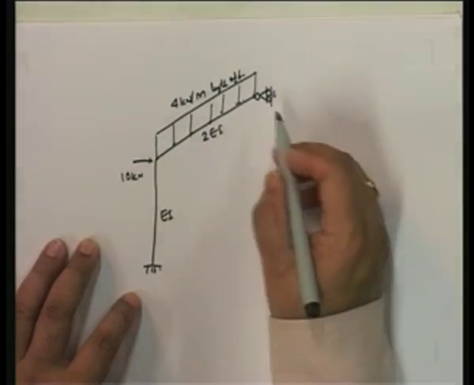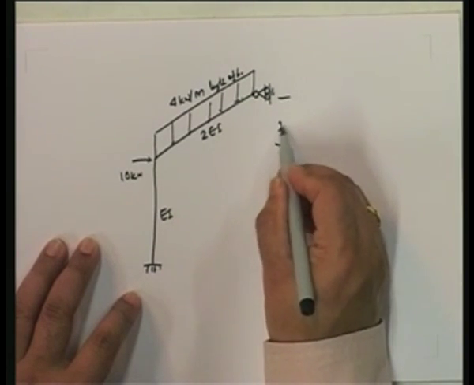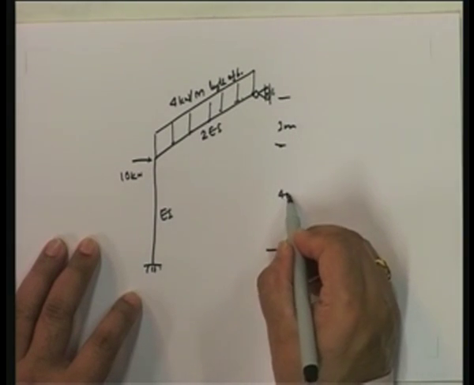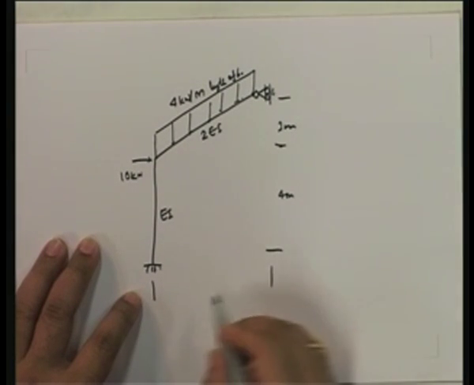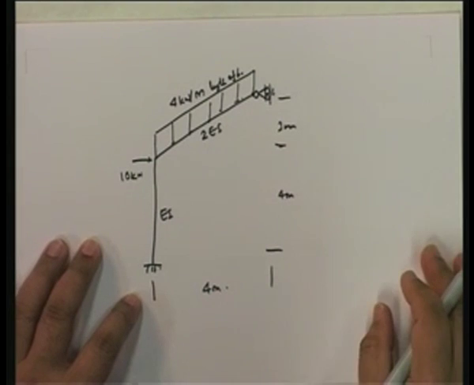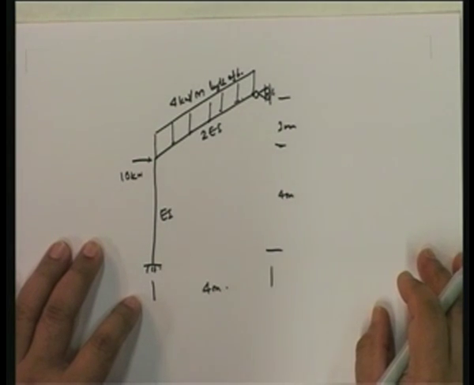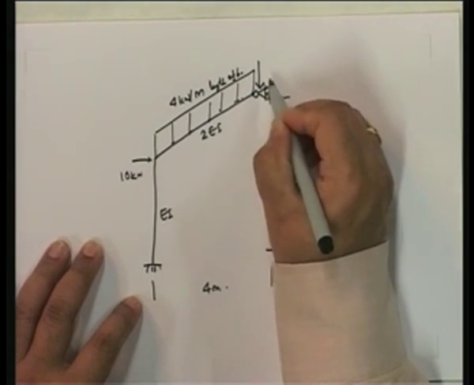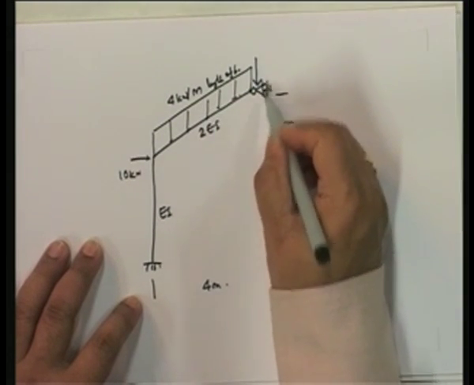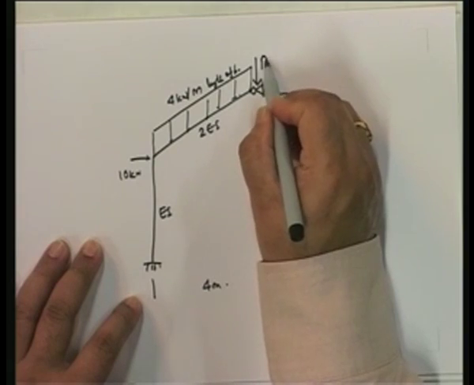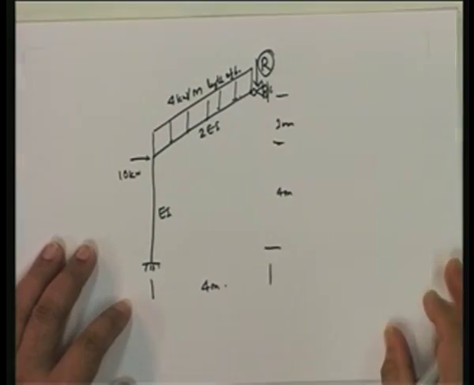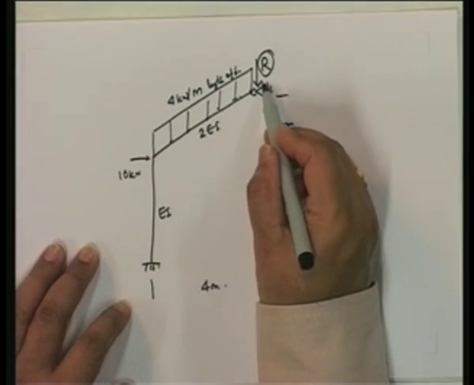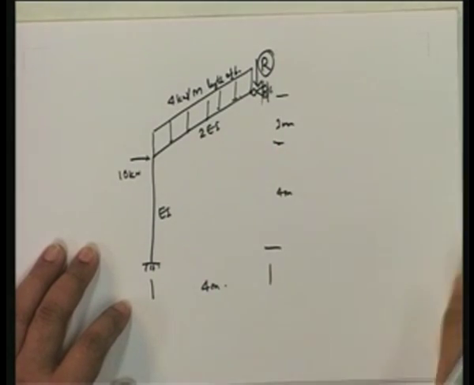This is 3 meters up to here. And here, what you have to do is restrain this so that there is no sway, and this is the R that you consider for the no sway. Is that clear? In other words, for the no sway, you make this into a hinge.